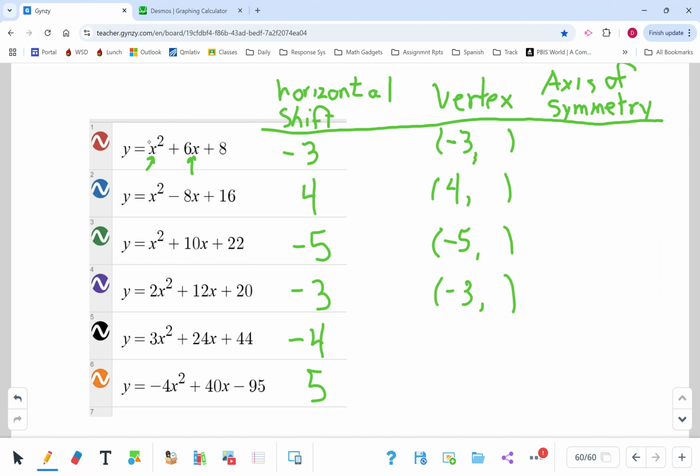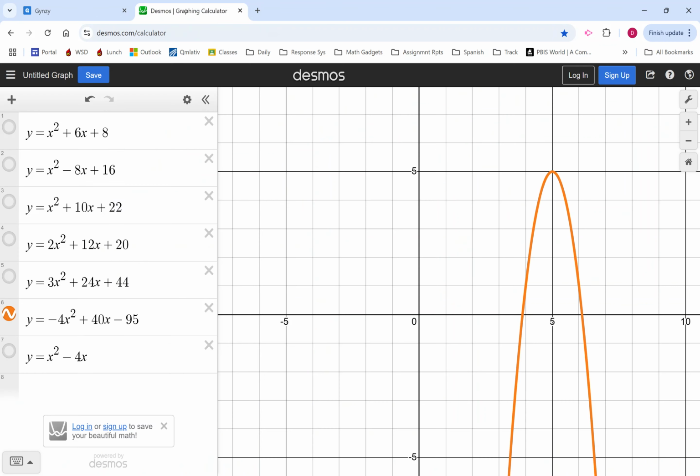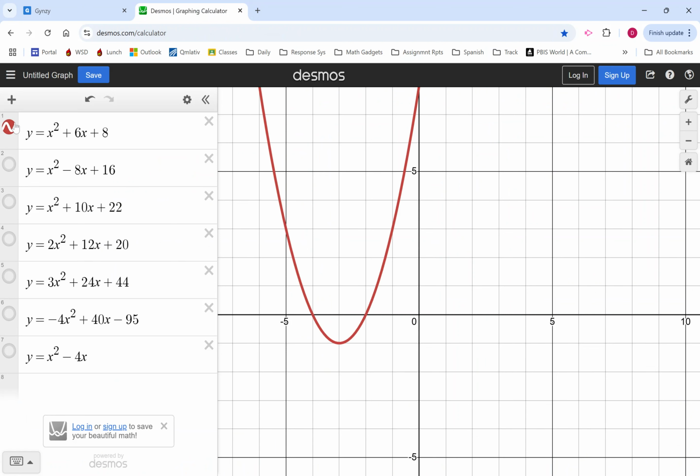So negative 3 squared is 9. Okay. 6 times negative 3 is negative 18. And 9 plus negative 18 is negative 9. Plus 8 is negative 1. And if I go look at that graph there it is at negative 3, negative 1.